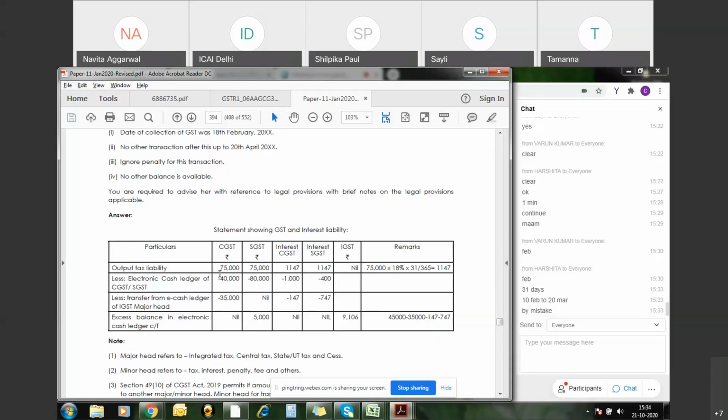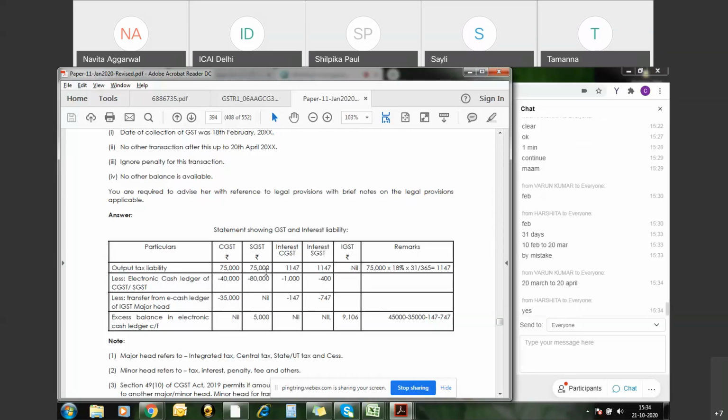Have you gone through those dates? See, in monthly, yes, 20th March to 20th April. Correct, Varun. So, Harshita, the number of days are computed from 20th March to 20th April. That is coming to 31 days, and since both are delayed, 1147 is the liability under CGST and SGST as well, on account of interest.